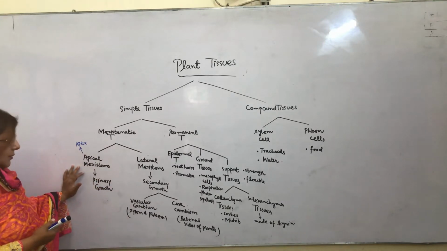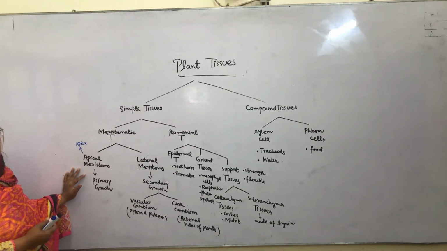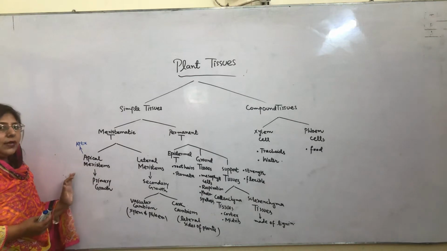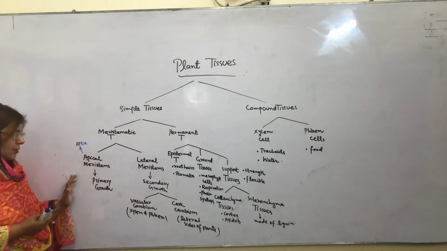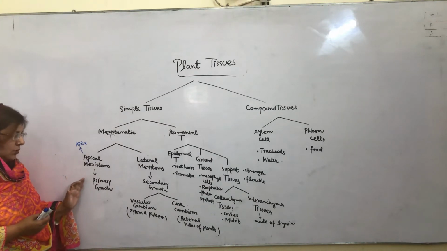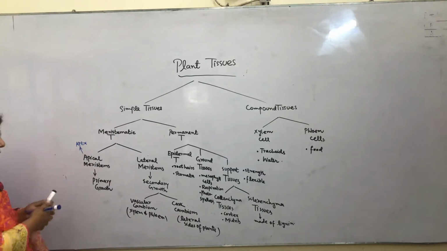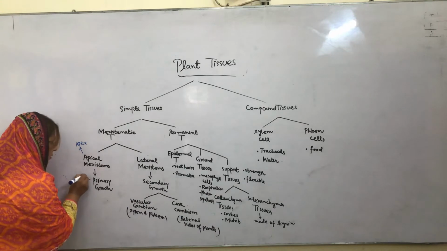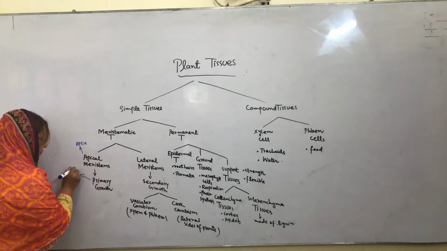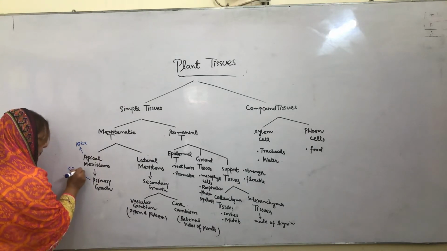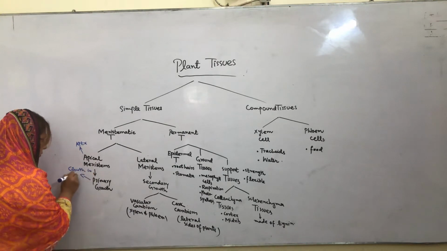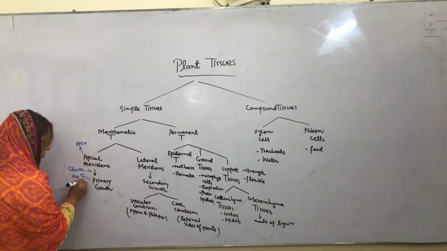So when apical meristems divide at the roots and shoots, the root and shoot do their growth. That growth happens in length.